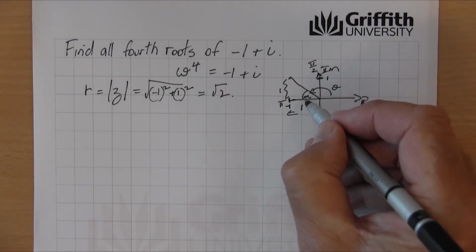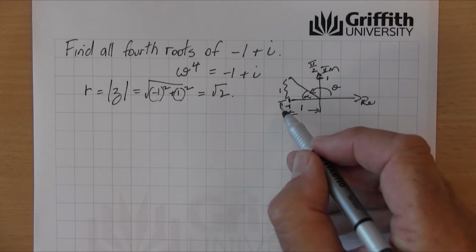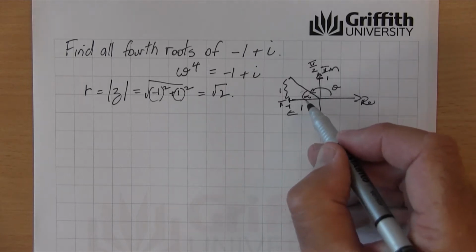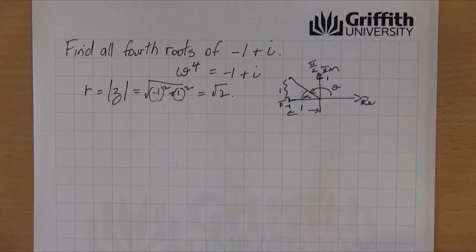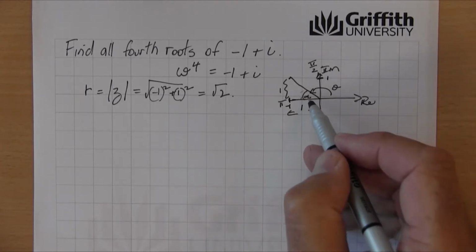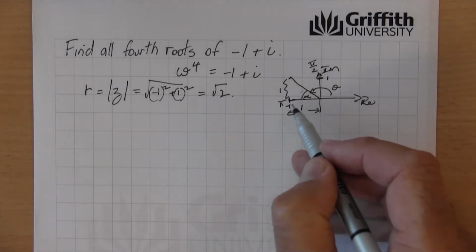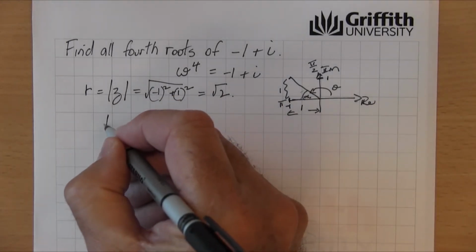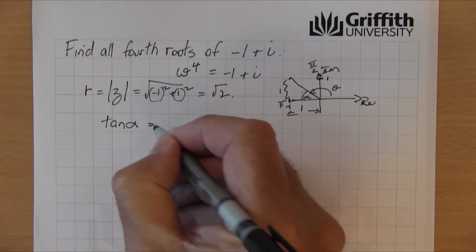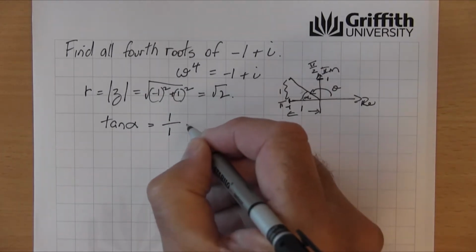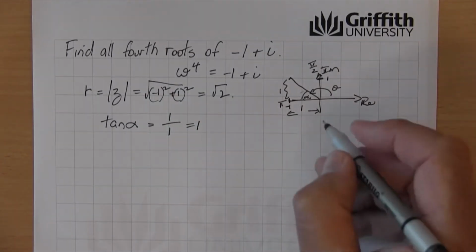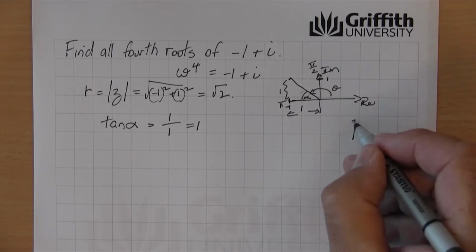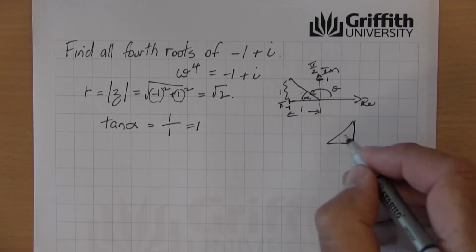So once again, if we work out what alpha is, we can take alpha away from pi, because pi is all the way around there, and that'll give us theta. To work out alpha, we've got the tan of an angle, and we disregard all signs when we do this. So we know that the tan of alpha is equal to 1 over 1, which is equal to 1. We know that one, because we've got our little magic triangles.